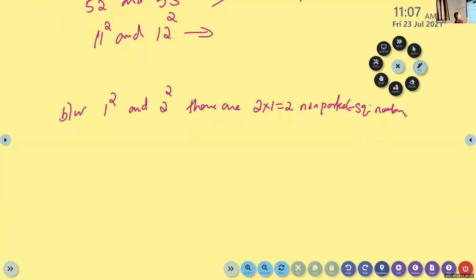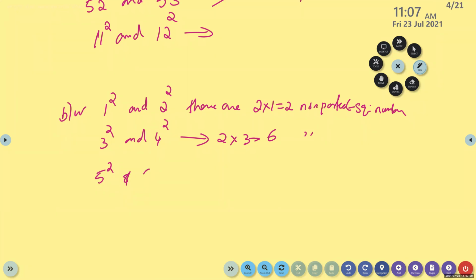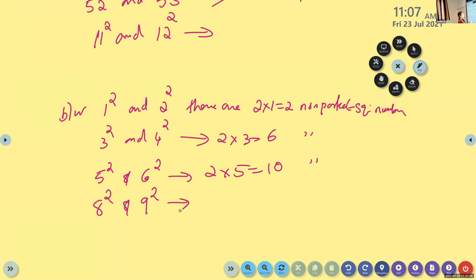Between 3 square and 4 square, there are 2 into 3, that is 6. Between 5 square and 6 square, there are 2 into 5, that is 10 non-perfect square numbers. Okay, Nasreen, between 8 square and 9 square, how many non-perfect square numbers are there? Try.